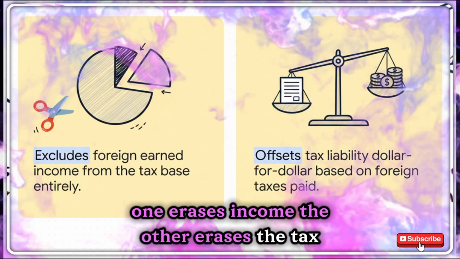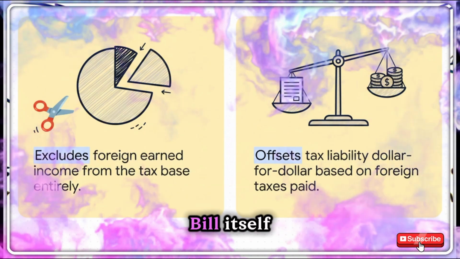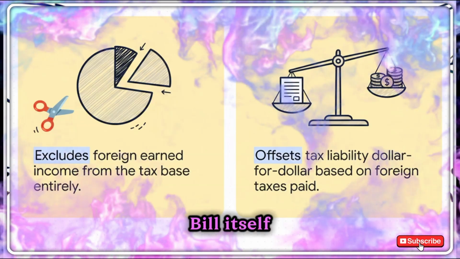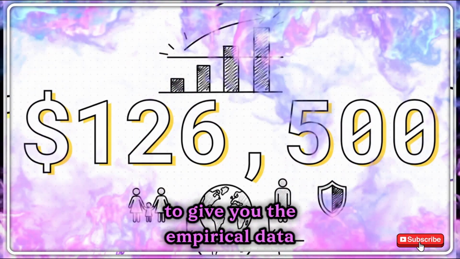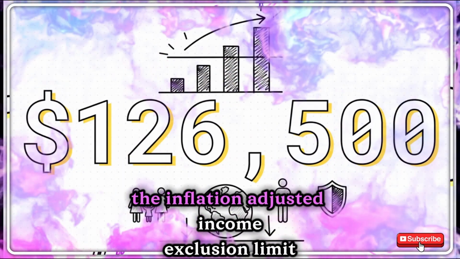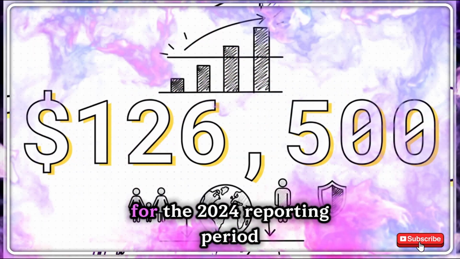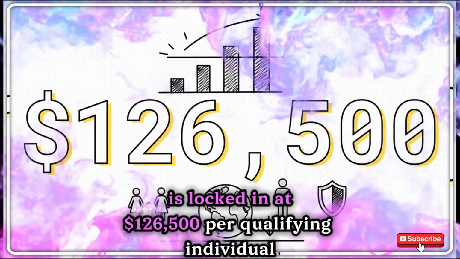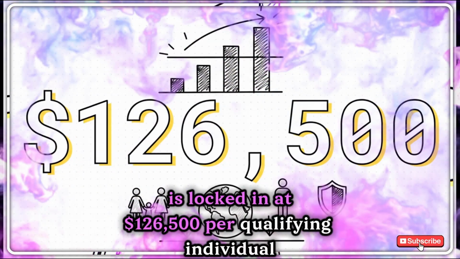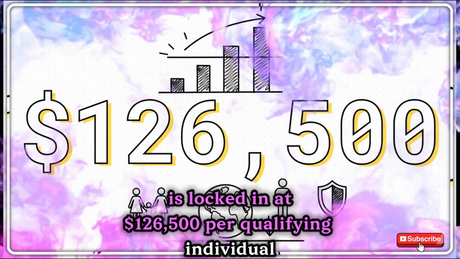To give you the empirical data, the inflation-adjusted income exclusion limit for the 2024 reporting period is locked in at $126,500 per qualifying individual. That is the hard statutory cap on exactly how much income you can mathematically scrub from your base.